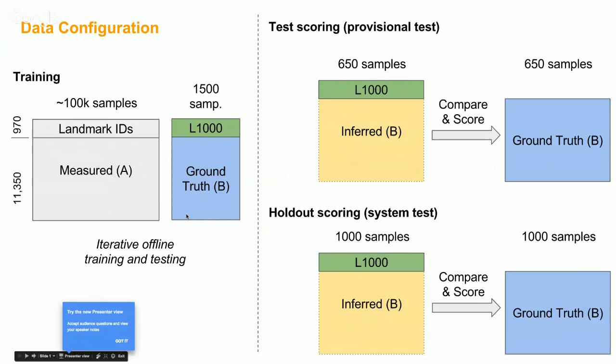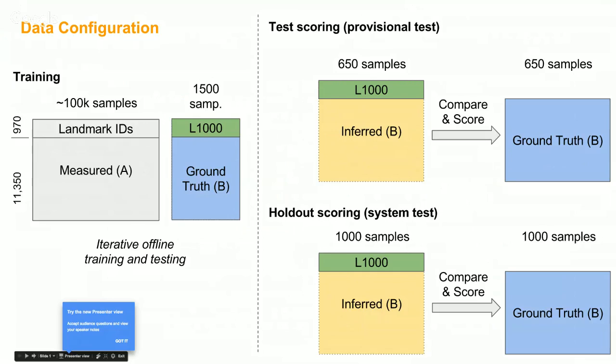In addition, we're going to provide about 1,500 samples of L1000 data. And these samples are interesting because we were able to profile them both on L1000 and on another contemporary gene expression profiling platform that measures all genes in the genome. And we're going to use that platform here, for convenience, just labeled as Platform B, as our ground truth.